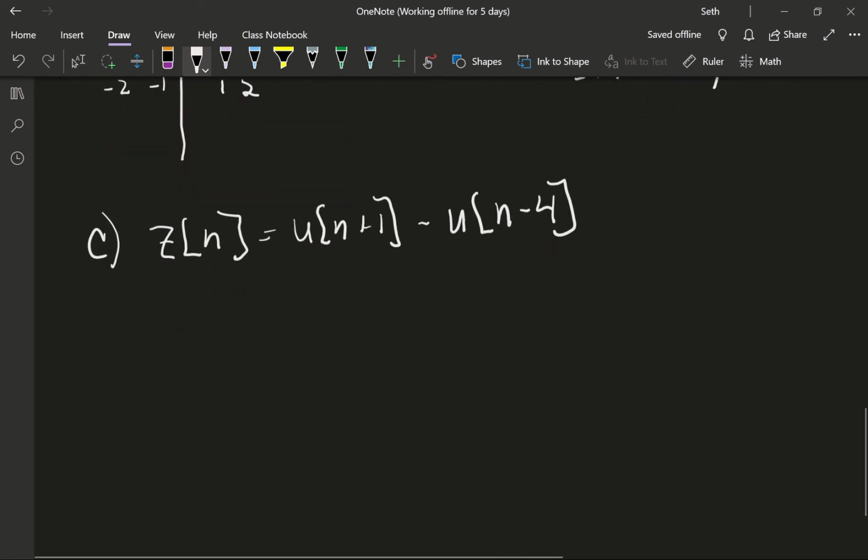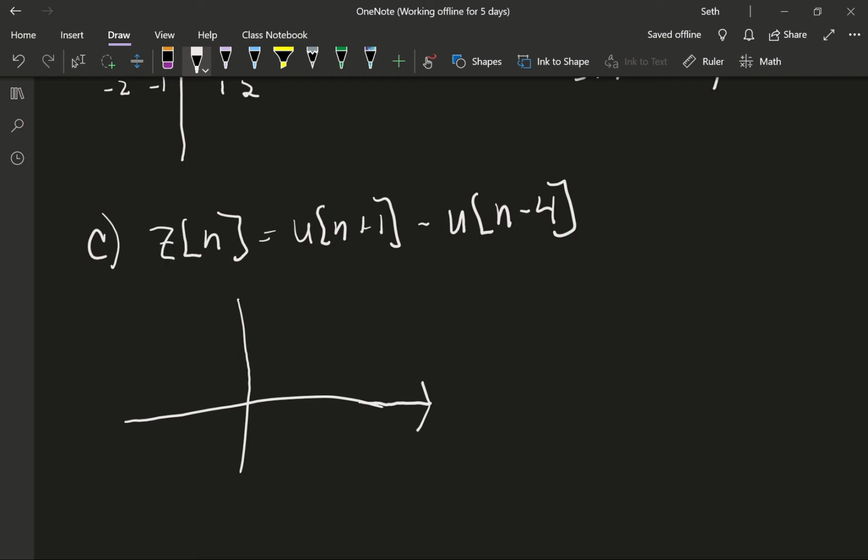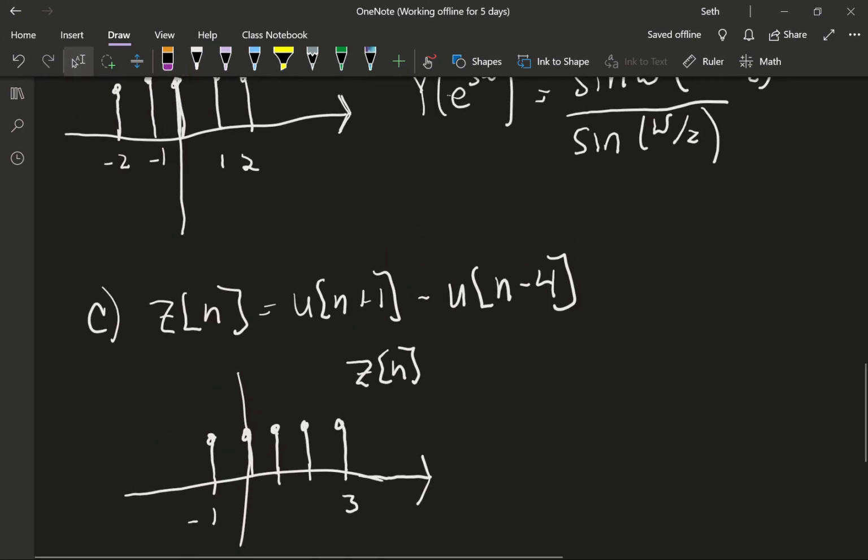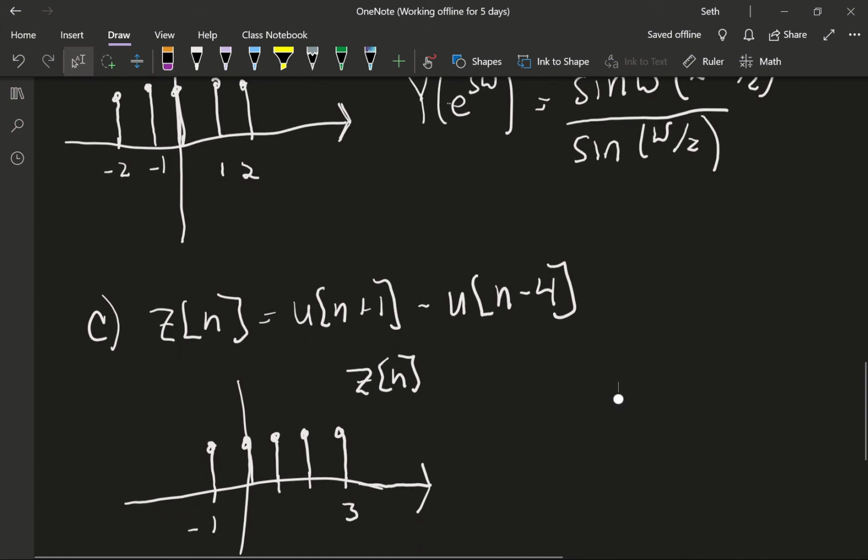And if you go through the same procedure to find the graph as I did for B, you'll find that the graph, 1, 2, 3, looks like this, which if you compare z of n to y of n from B, you see that z of n is actually just y of n shifted by 1 to the right, which we write as y of n minus 1.